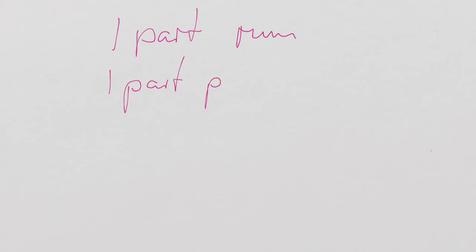So, don't get me wrong, I don't want to turn you into alcoholics, but you have different recipes for pina colada. So you have 1 part rum, 1 part pineapple, let's say 2 parts coconut milk.